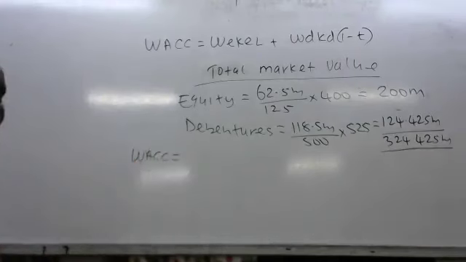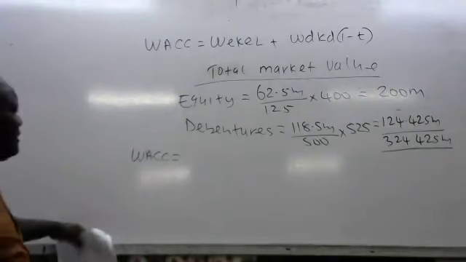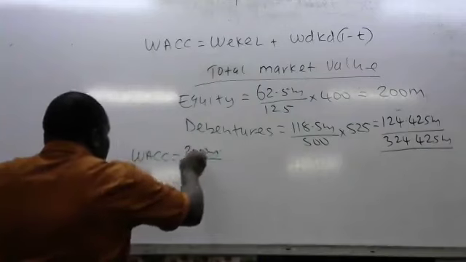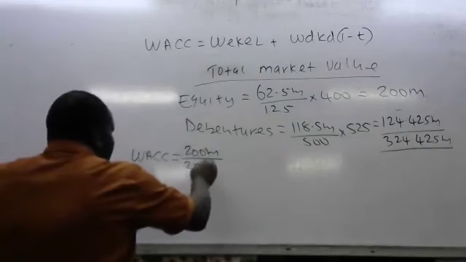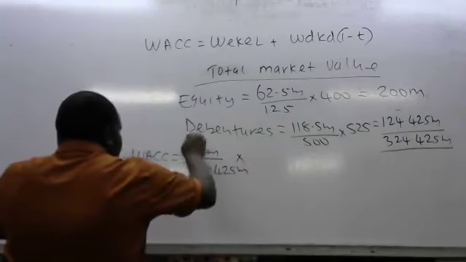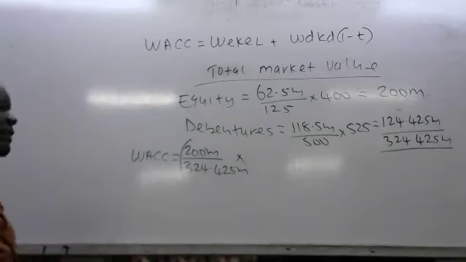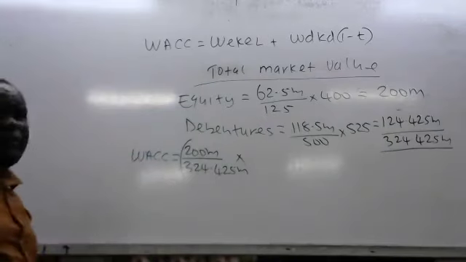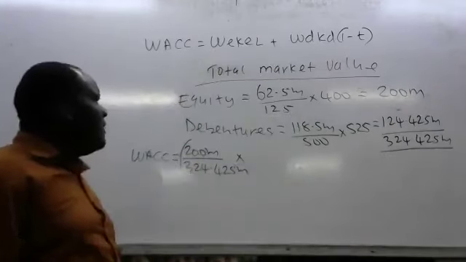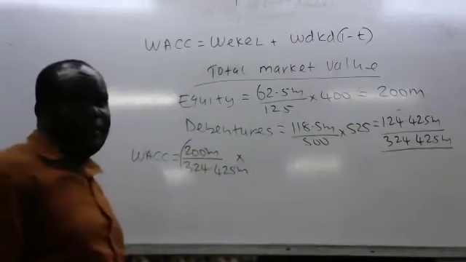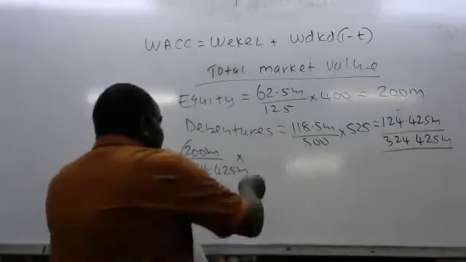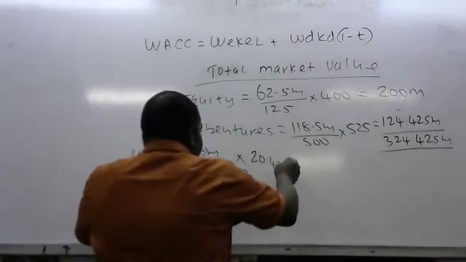So now our WACC: for the weight of equity, you take 200 millions divided by 324.425 millions, multiplied by KEL. KEL was the cost of equity for the levered firm in the Roman letter 1. In Roman letter 1, it gave us 20.44.